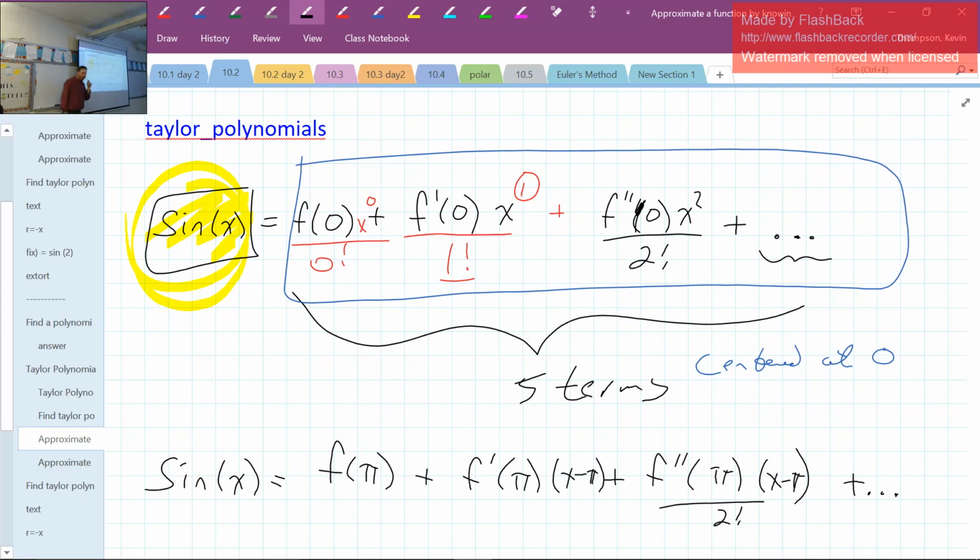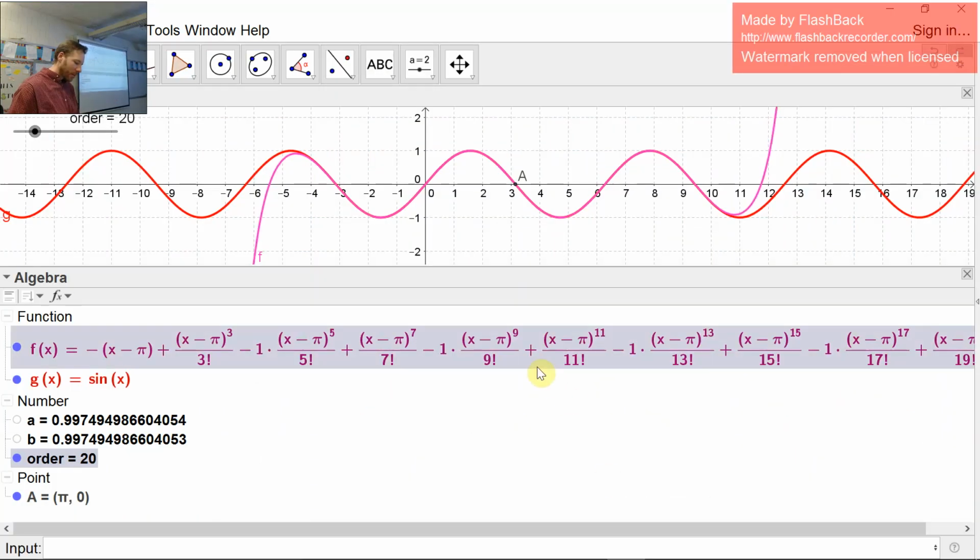Now, if I want a very accurate representation of sine, I've actually gone probably much further than I need here, because this is a periodic function, isn't it? It repeats itself. If I can get something really accurate over a single period, then couldn't I translate that to any other period and get the answer that I want?